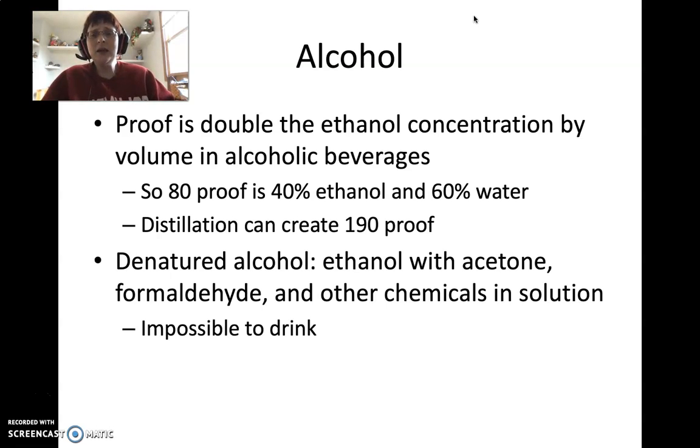Why? Because it makes it impossible to drink. This denatured alcohol is used as a solvent in industry. They add things to not only make it useful for industrial processes, but also to keep people from drinking it as a beverage.